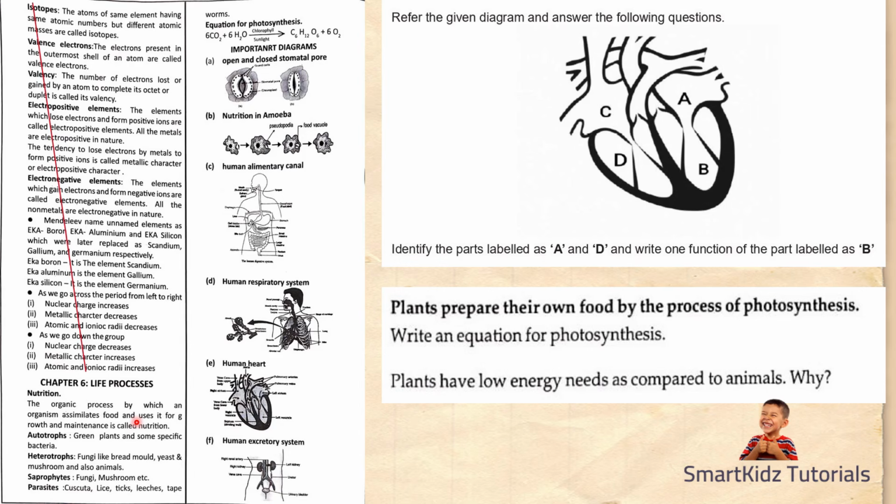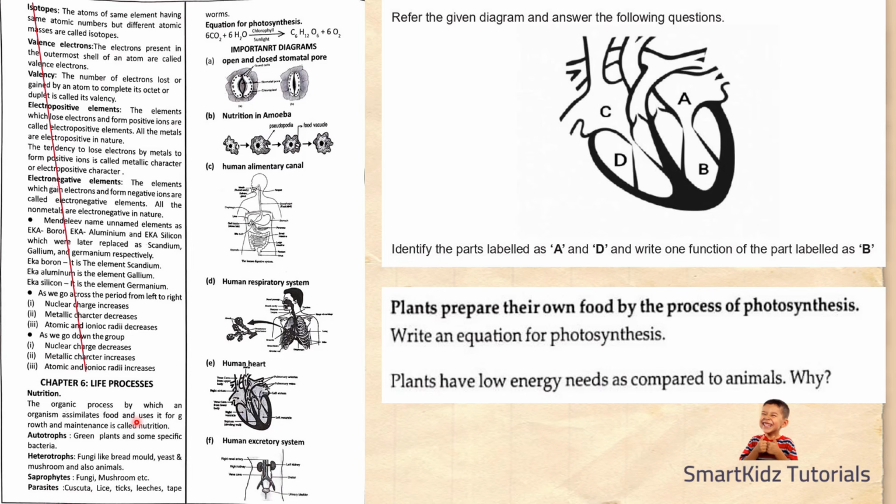So I suggest you go through the diagrams of each one of them and learn those diagrams. The diagrams may come directly, or the diagram will be given and you will have to identify the part that is marked and probably give some answer on that, some use of that part or organ. Something along those lines you can expect.